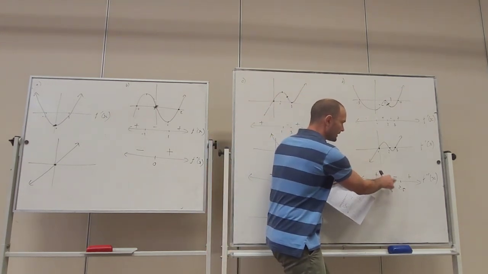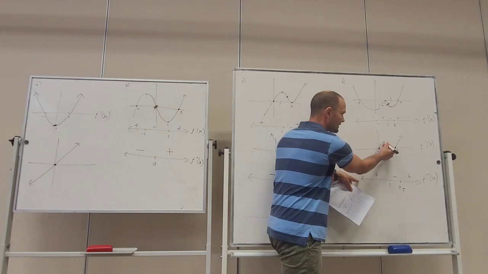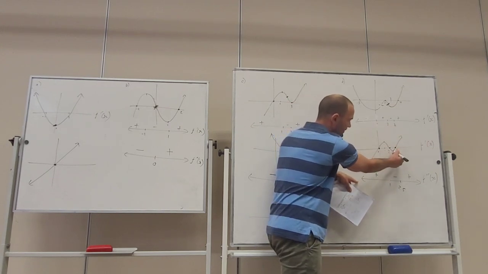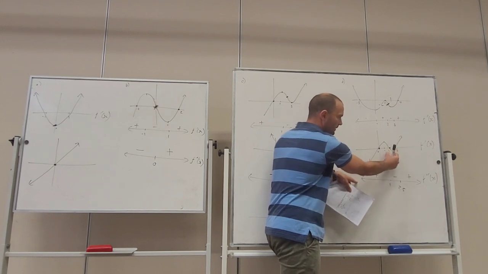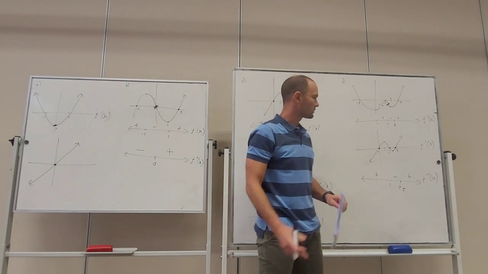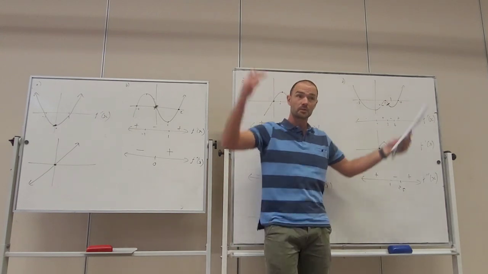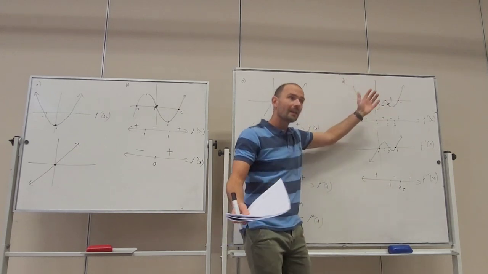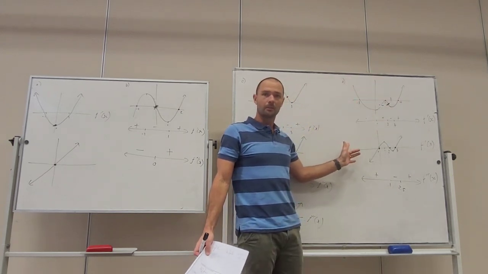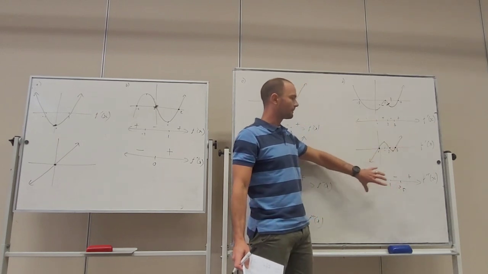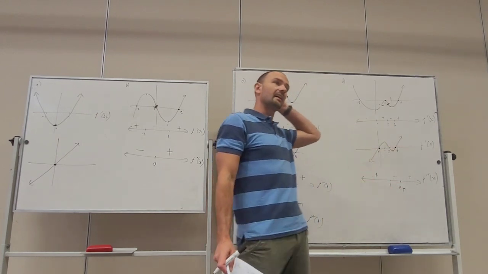Positive slope until it gets to 1. Negative slope until it gets to 2.5, halfway between 2 and 3. And then positive slope after 2.5. So we can observe that from the concavity of the original function, or even from when the first derivative has positive slope and negative slope. You can get it from either of them, just pointing out a connection.